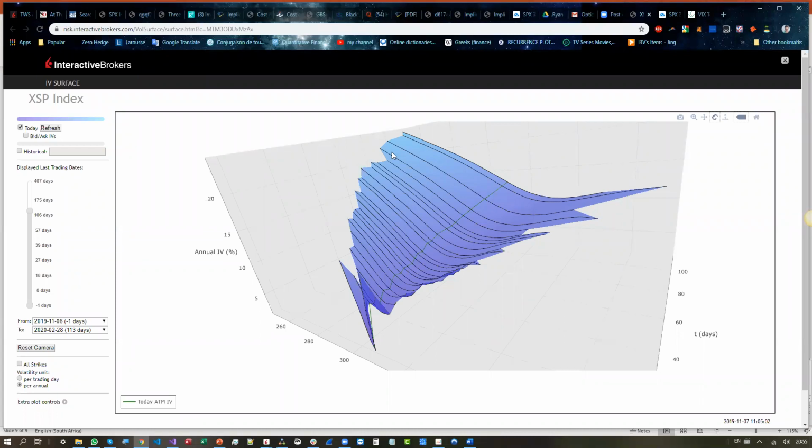Then you question yourself, well, what is my software doing? What type of vol surface are they using? Because if they don't model it properly, they may be calculating something completely wrong.